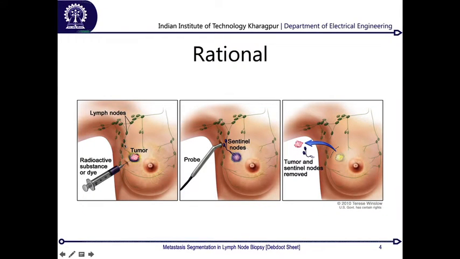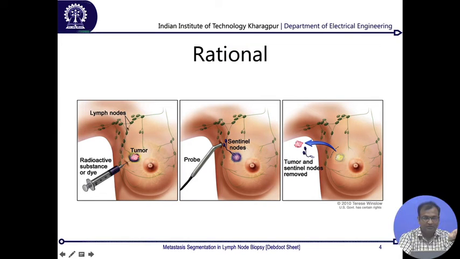Once it spreads and affects these lymphatic nodes, all of it is going to spread down via this lymphatic node network, and that is going to create a major problem for us.